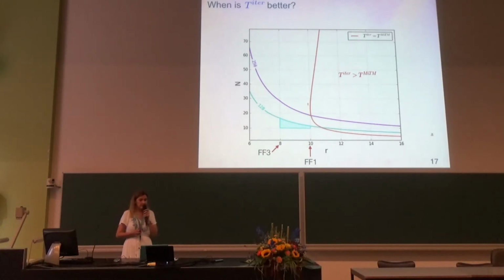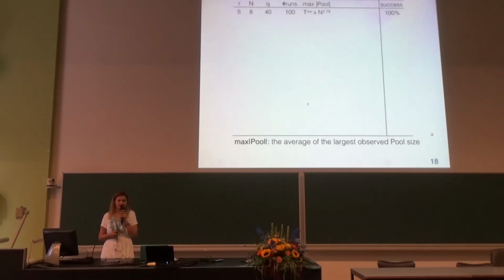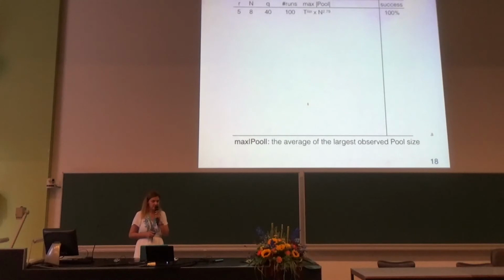Now, I want to implement this with small parameters because you saw the crazy time complexity, so we cannot probably implement it for big R, 8 or 10, but we implemented it for R equal to 5 and equal to 8, and with the query complexity 40.